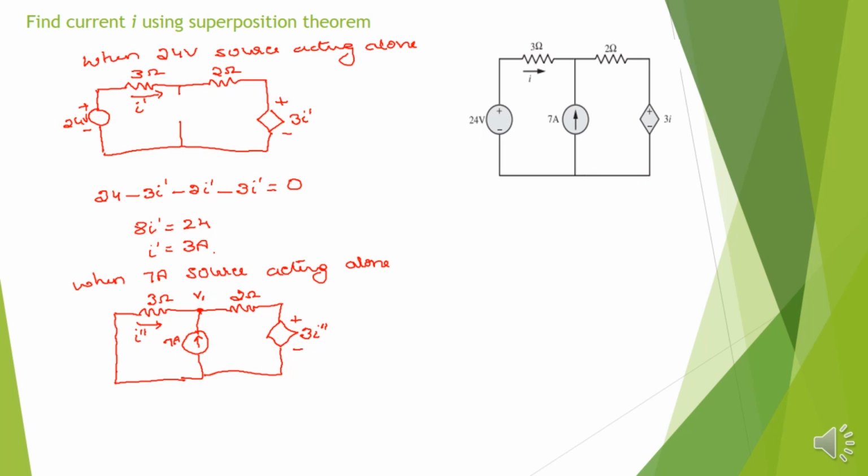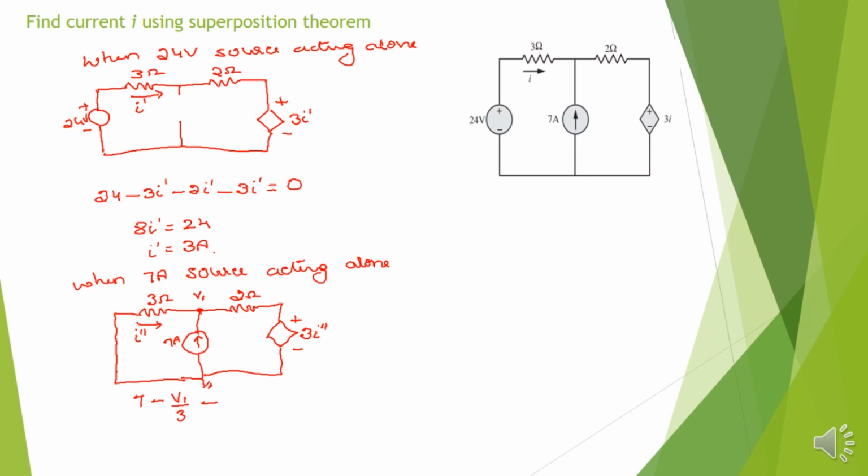So according to this, what happens? This one, 7 amps, is the incoming current. So plus 7 minus this current, I will take it as V1 by 3, V1 minus 0 by 3. Then minus, what happens to this? This is 0, so this is 3I double dash.